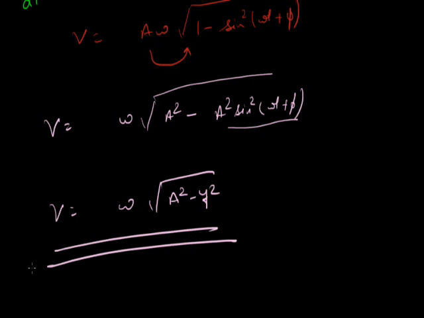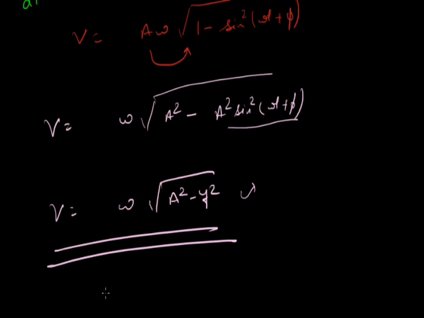This is the velocity, right? Now this is omega naught under root of a square minus y square. It means this is positive, the velocity at any moment. Now this comes with the positive sign, so we can say velocity is in the direction of the motion. That means if y is positive along the positive axis, then v is also positive.